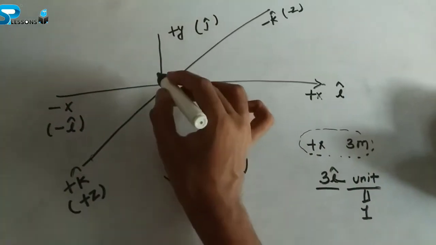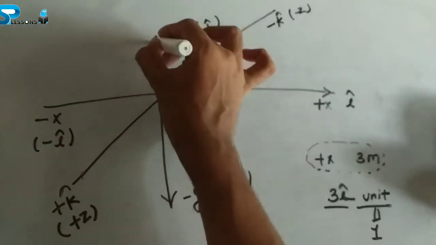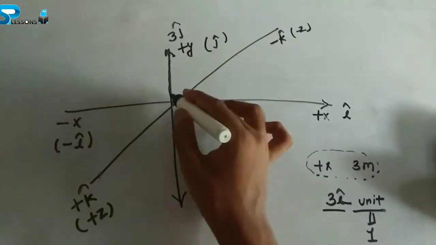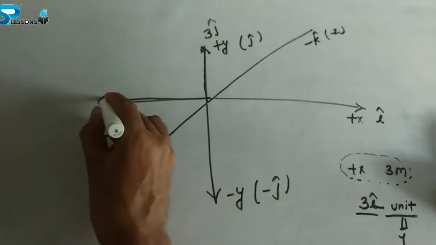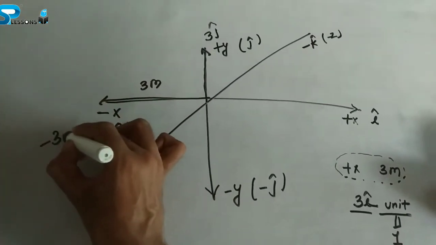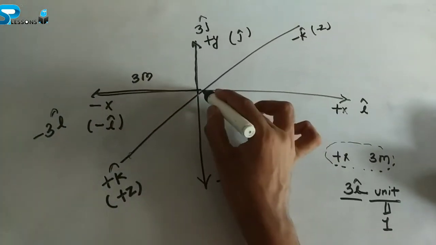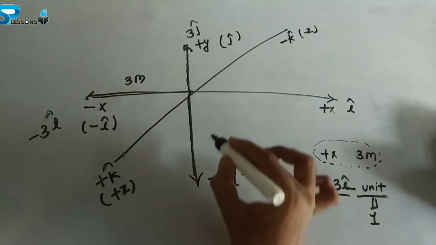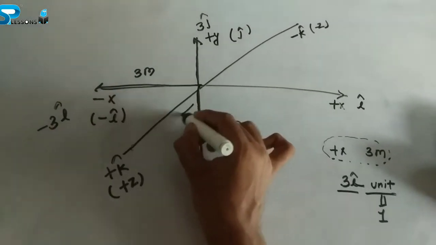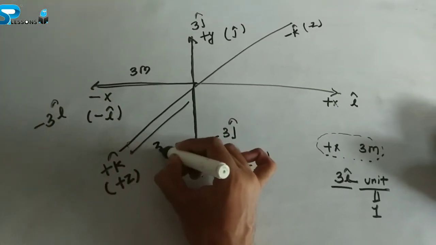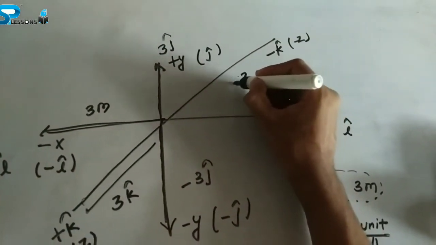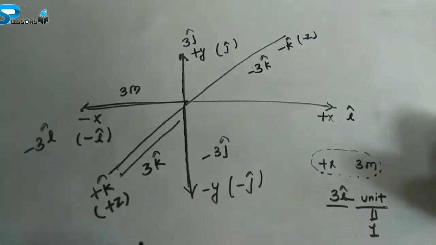When we go 3 meter in plus y axis, we show 3 j cap. This is 3 meter in minus x axis, so we write minus 3 i cap. 3 meter in minus y, minus 3 j cap. 3 meter in plus z, 3 k cap. 3 meter in minus z, minus 3 k cap.